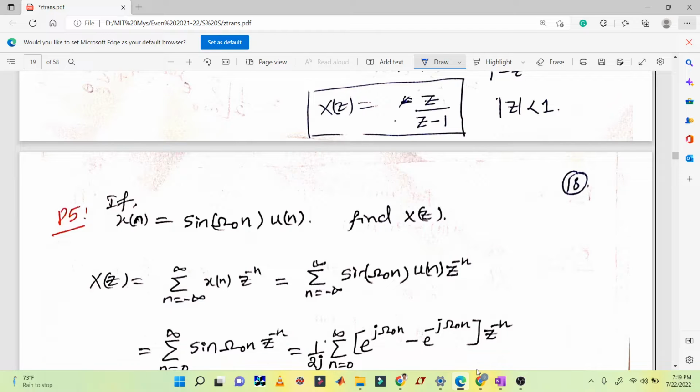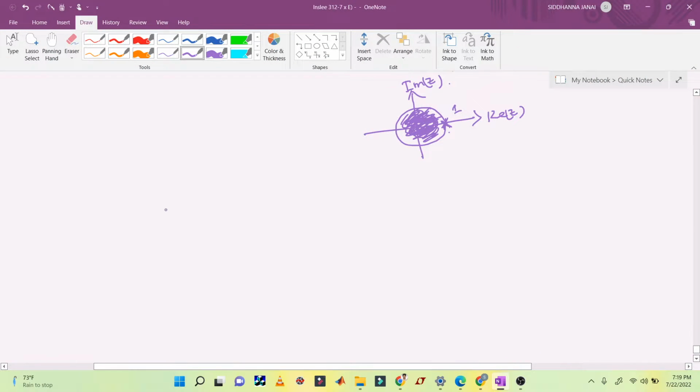This is a very important problem. Sine omega naught n multiplied by u of n. So the problem is x of n is equal to sine omega naught n u of n.